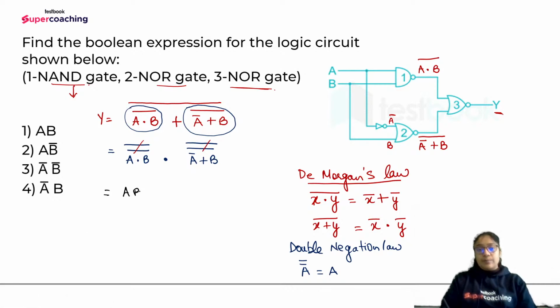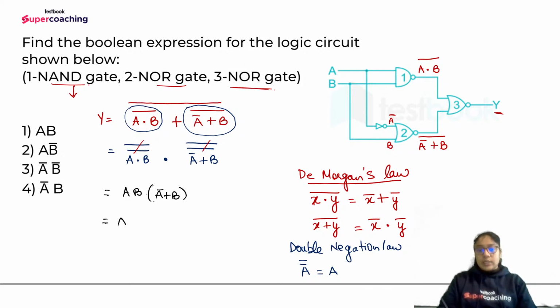as AB into A complement B plus A complement B. Now open the brackets.